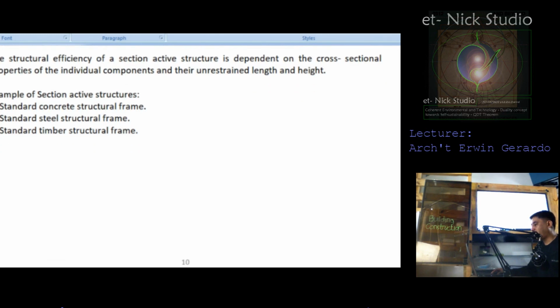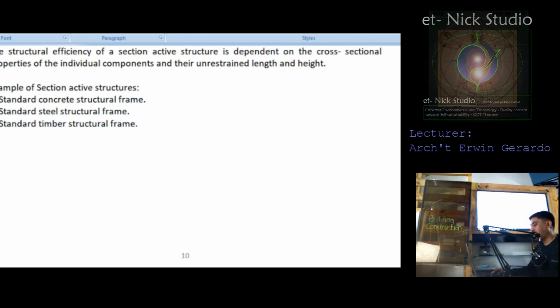The structural efficiency of a section active structure is dependent on the cross-sectional properties of the individual components and their unrestrained length and height.